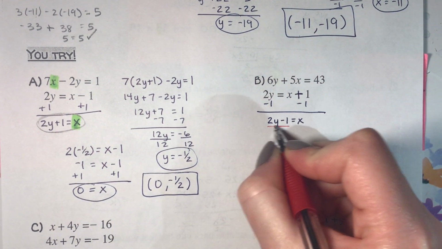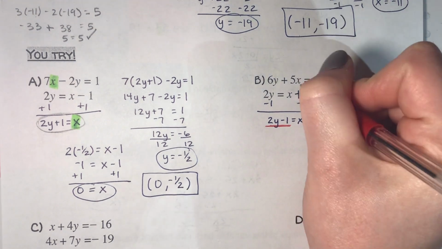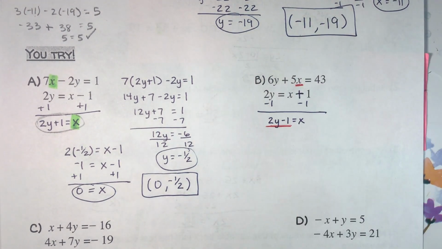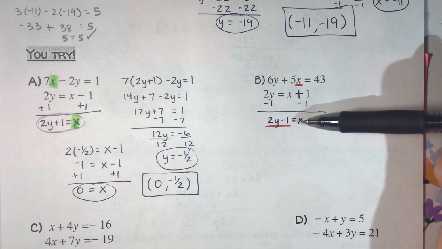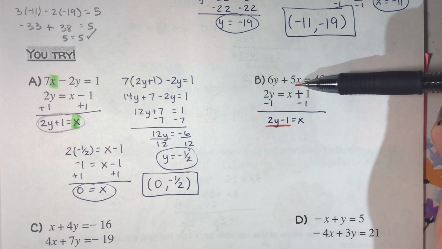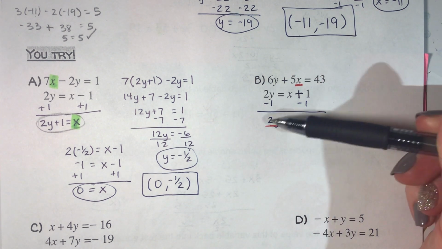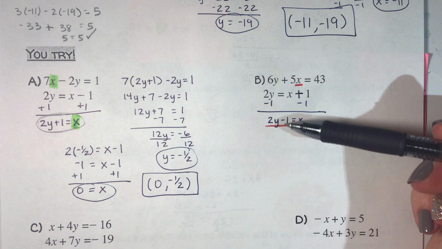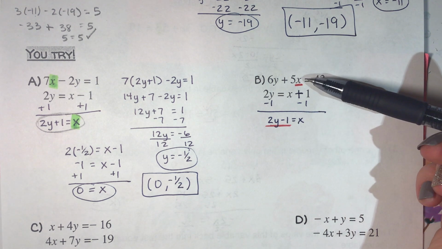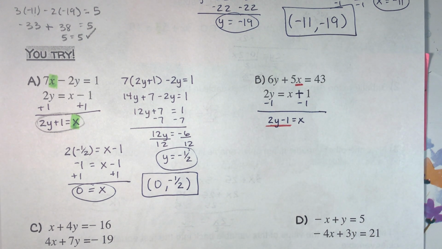I can take this 2y minus 1 and replace this x with that expression, because x is the same thing as x, and x is equal to all of this. I can take this and replace the x because they are the same.